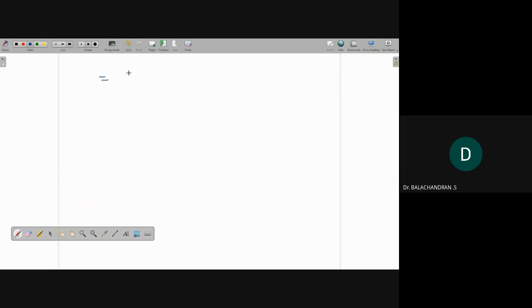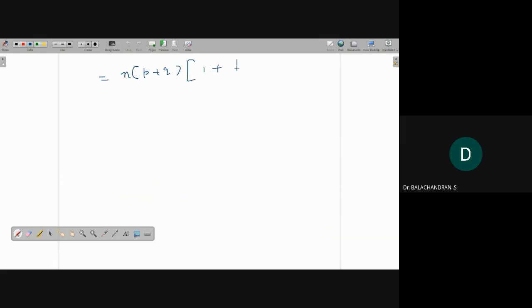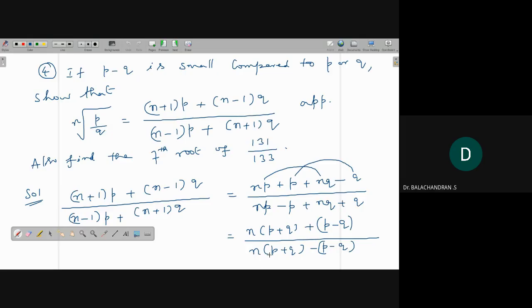So if you take n into P plus Q common, remaining in the numerator 1 plus P minus Q divided by n into P plus Q. Similarly, in the denominator, I am going to take commonly n into P plus Q.